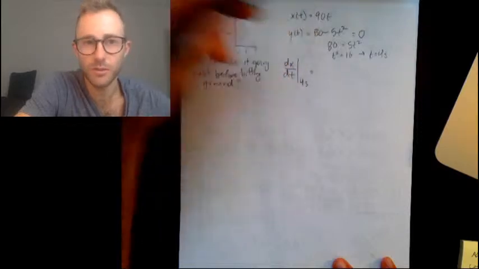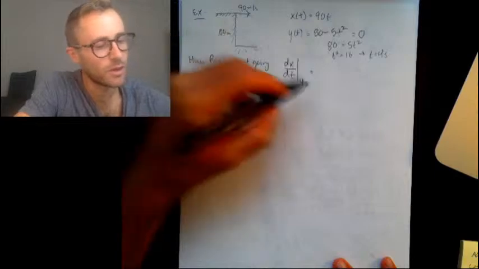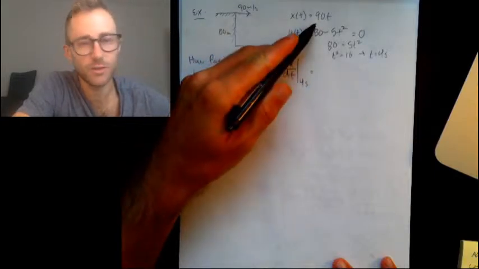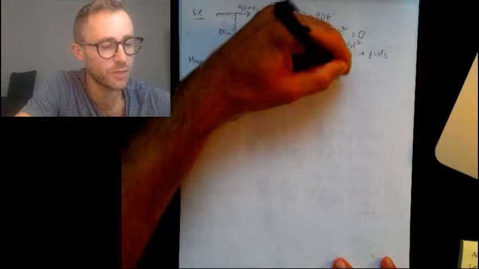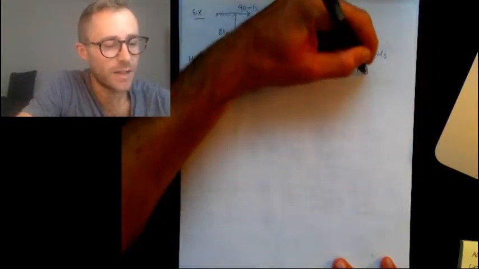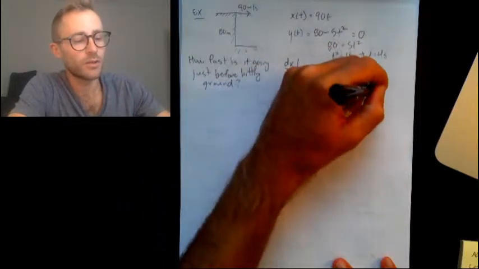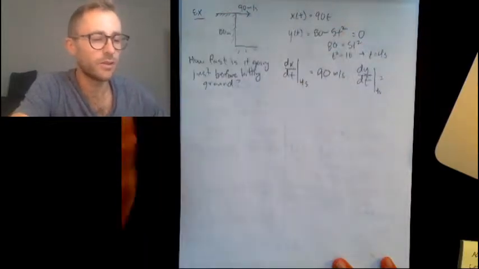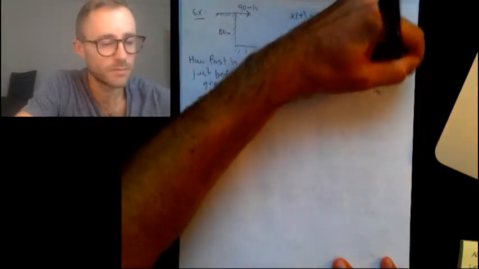That means take the derivative and then plug in t equals 4 seconds afterwards. And so you take the derivative of that and evaluate it at 4 seconds. You just get 90 meters per second. And then if you were to do dy/dt, evaluated at 4 seconds, you are going to get negative 40 meters per second.